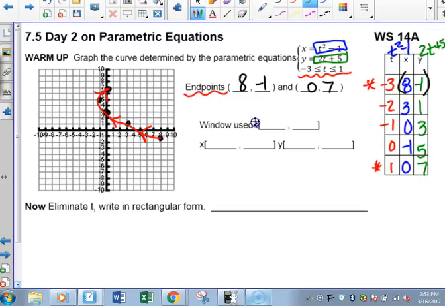All right, when we go to graph this, if you weren't here the other day, the T is going to have its own category in the window. And our T window is going to be defined by this up here. So it's going to be -3 to +1. The T step we use, we want to make it small, so there's a lot of increments between here and here.